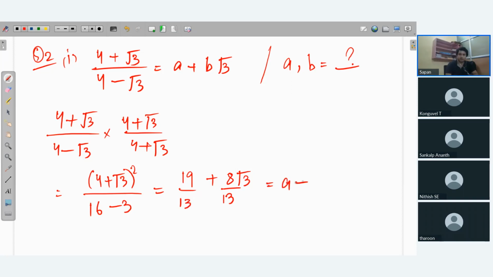Should be equal to a plus b root 3. Oh no, no. A is equal to 19 by 13 and b is equal to 8 by 13. Right? Yes, sir.